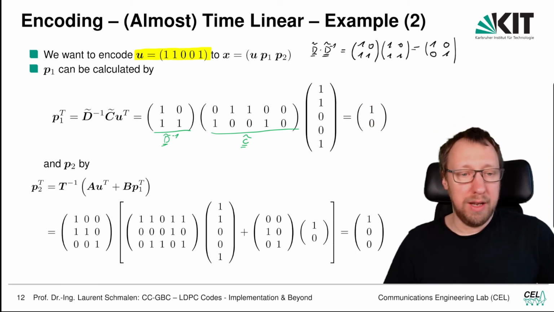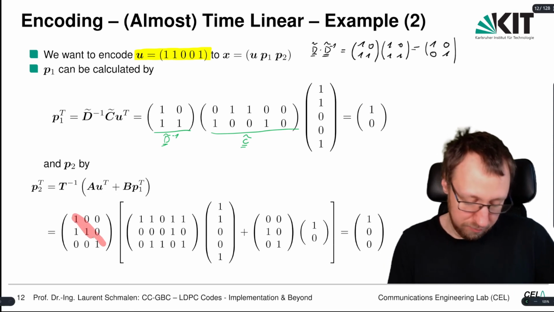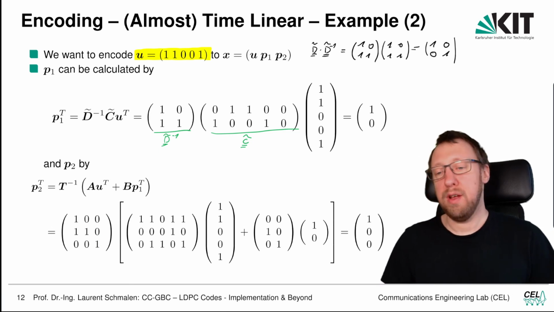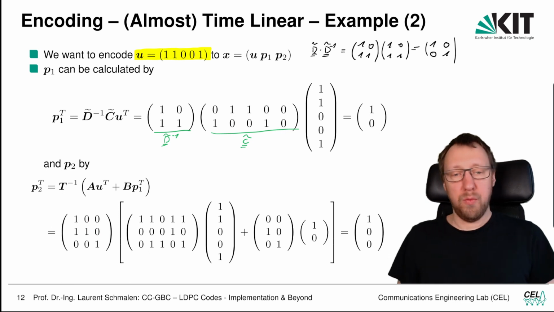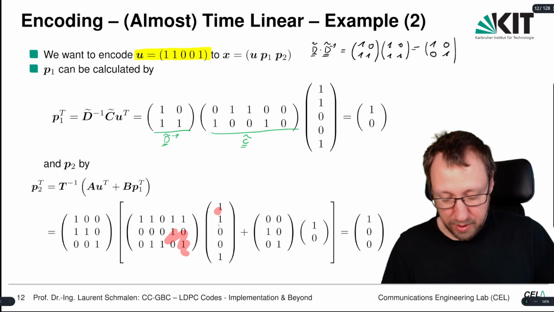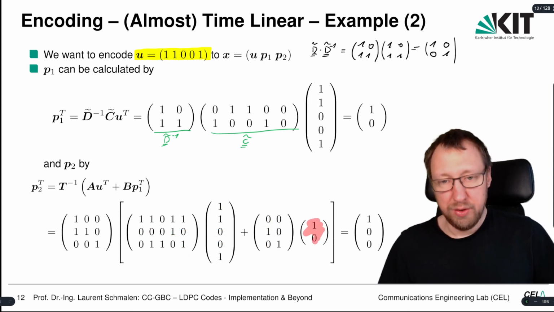And then we can calculate P2. So we need to invert T. Also something you can try to do for yourself. For instance, using the equation that I just gave. And that's exactly how we did it. Plus A times U plus B times P1 transpose.